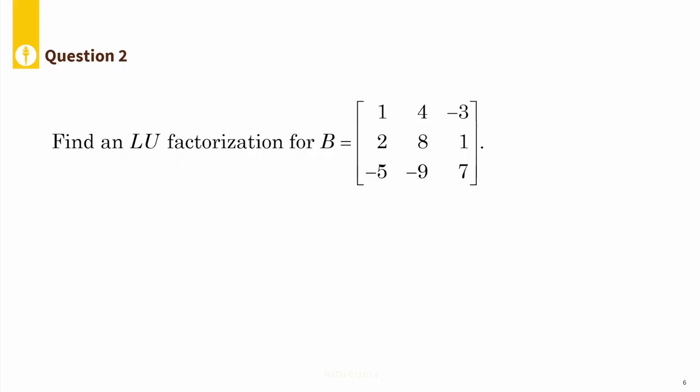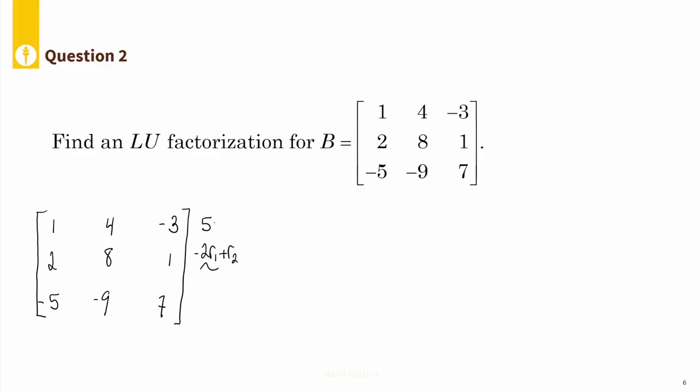So let's start. Negative 2 row 1 plus row 2, and then 5 row 1 plus row 3.